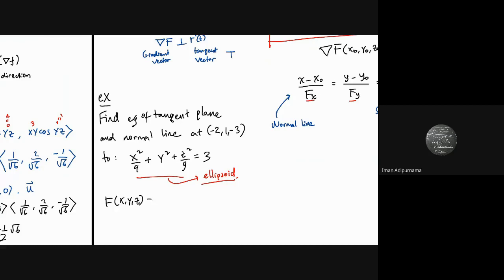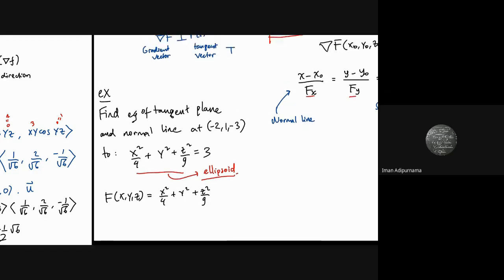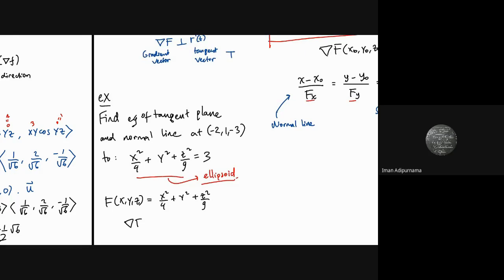And let's just write x squared, you can write just like this. No need to include this 3 because we don't really need 3, because we differentiate and of course the constant will be 0. So just write this function and then we can write the gradient vector.